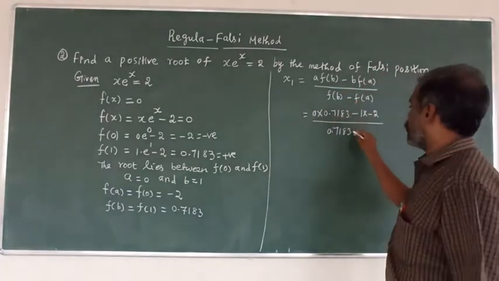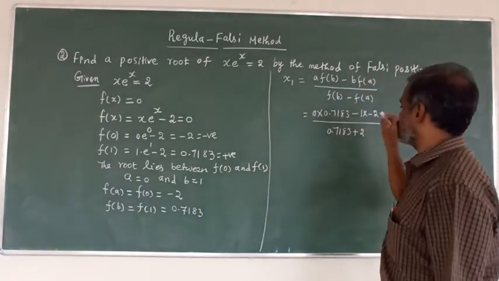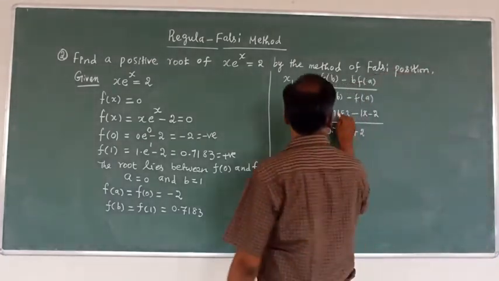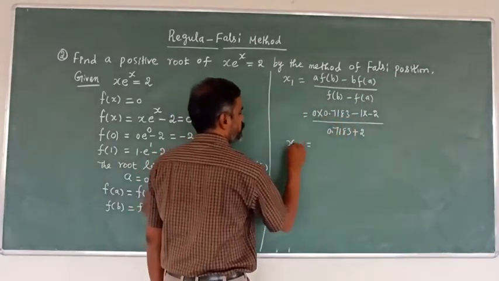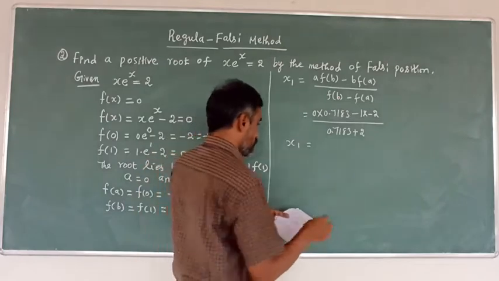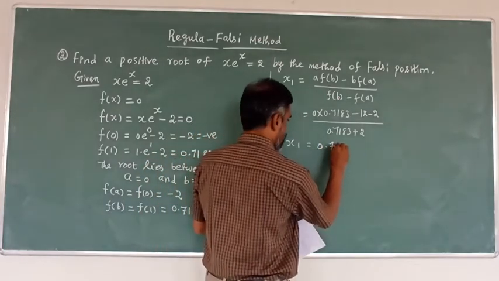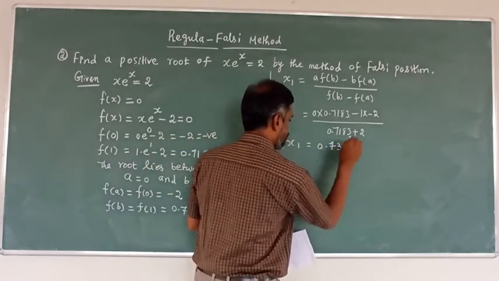Here minus times minus becomes plus 2. Now divide these two, and the result is 0.7357.